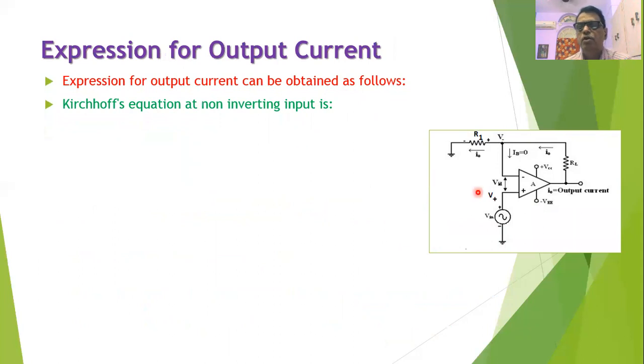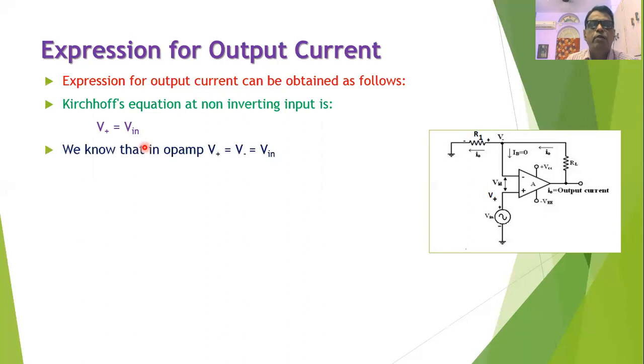The non-inverting input is connected to the input voltage and therefore V plus is equal to V in. In operational amplifier, the voltage at non-inverting input and the voltage at inverting input are almost same. Therefore V plus is equal to V minus, which is equal to V in.